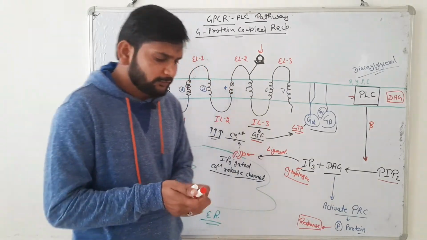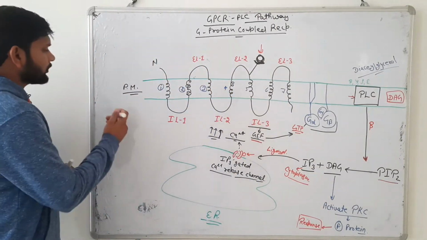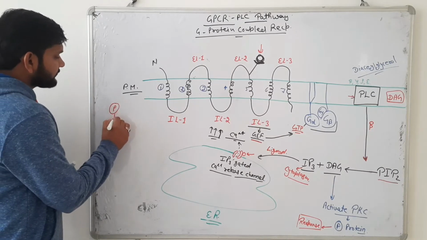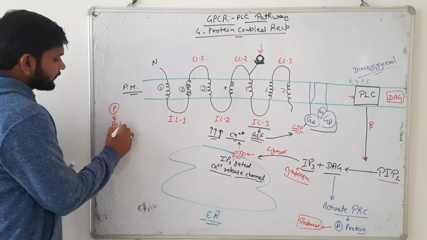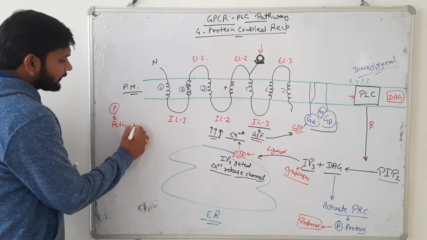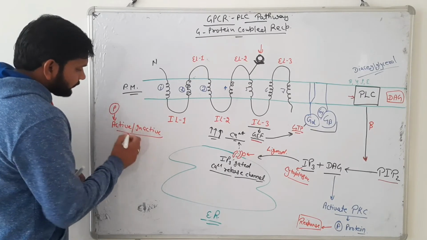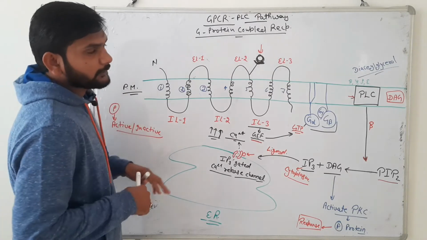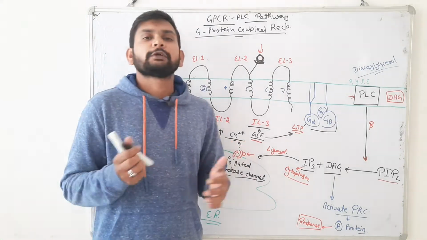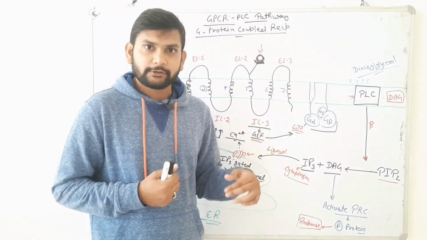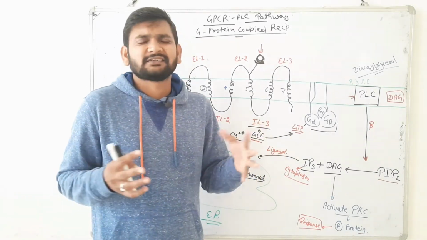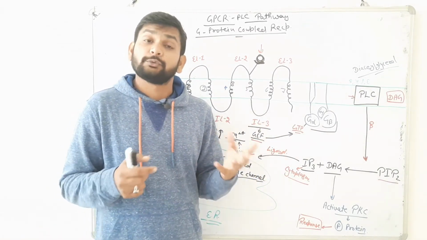We all know that after phosphorylation, proteins get activated or inactivated. If some proteins are in an inactive form, after phosphorylation they will get into an activated form. The protein gets activated and responds in the cell.